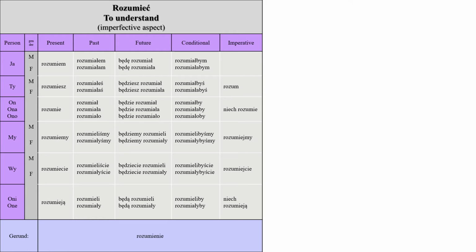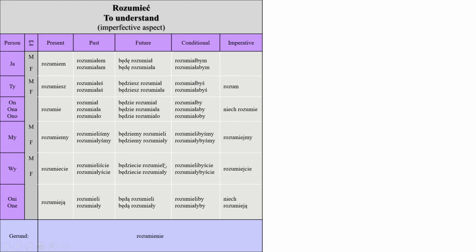If you're saying I will understand and you are a female, you would say będę rozumiała, because you're a female. If you are talking to a friend and telling him that he will understand, będziesz rozumiał. If you are talking to your friend and she's a female, you would say będziesz rozumiała, because she is a female and she will understand, okay?